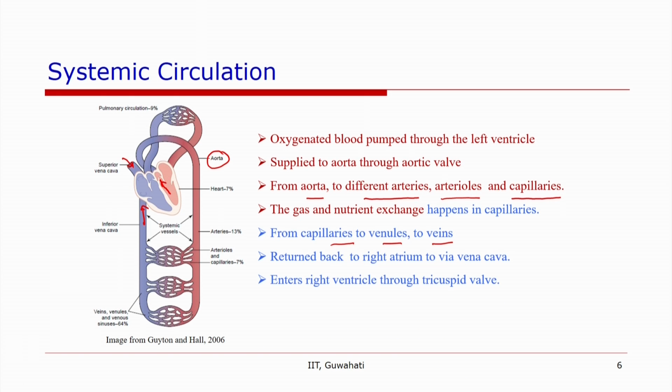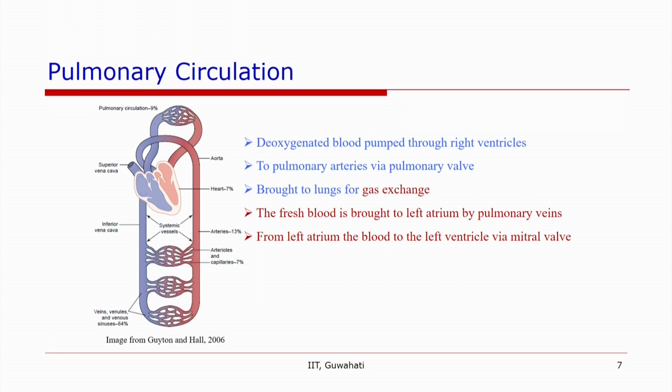This enters the right ventricle through a tricuspid valve, and the deoxygenated blood is pumped through the right ventricle and goes to pulmonary arteries by a pulmonary valve, and the gas exchange happens here. The oxygen is absorbed by the blood and the carbon dioxide is released in the lungs, which is taken out to the atmosphere by the ventilation process.